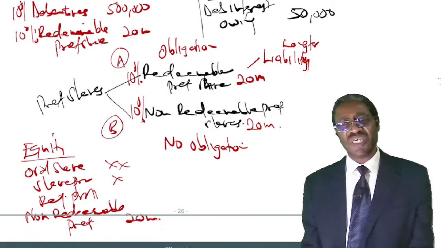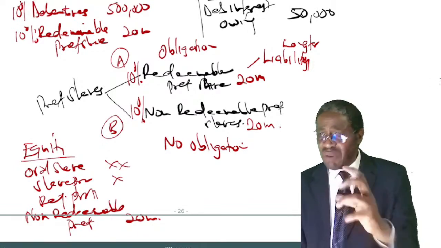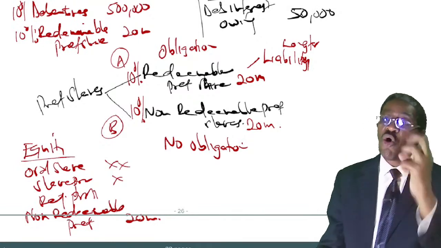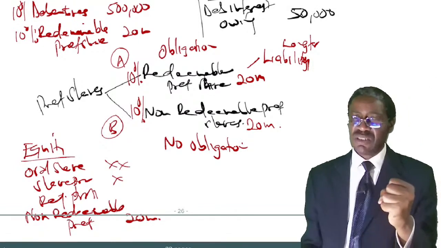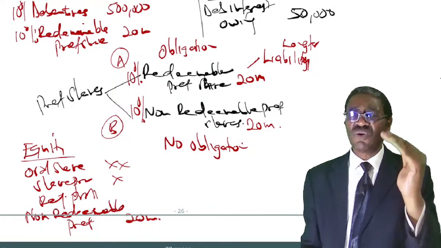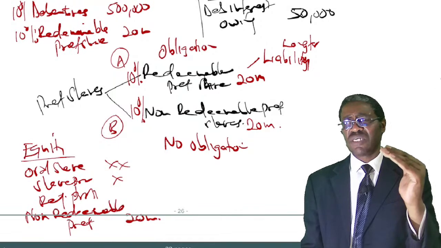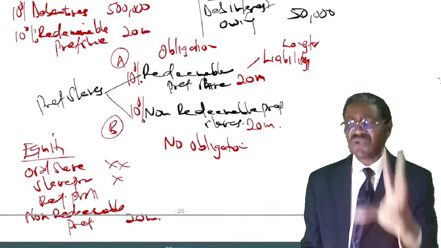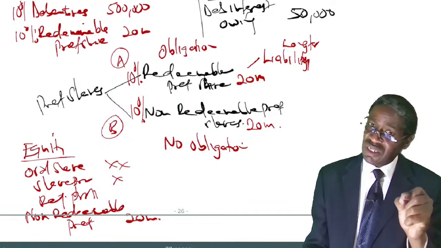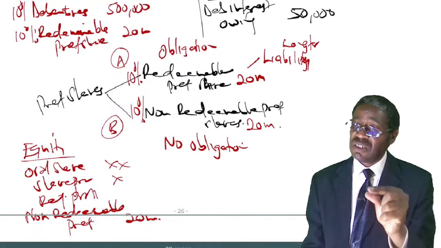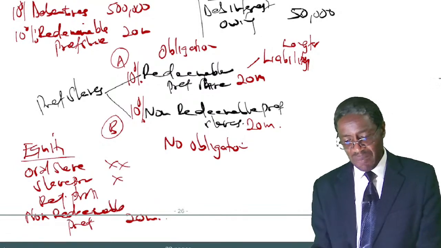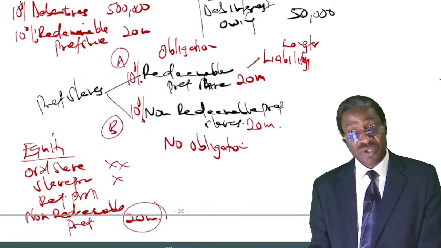So in other words, for the non-redeemable preference shares, they are considered as a component of equity, together with other forms of equity like share premium, share capital, maybe retained profit, revaluation reserve, general reserve. Now, there you will have a 10% non-redeemable preference shares amounting to 20. So, listen.